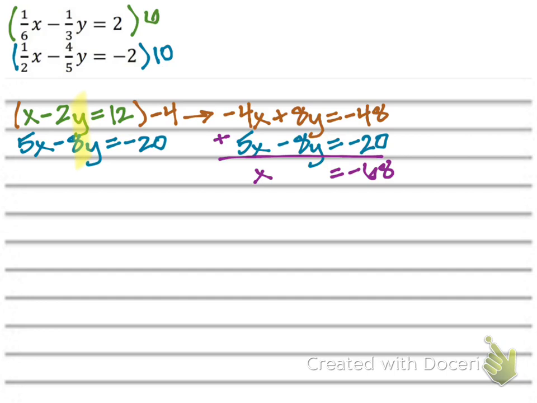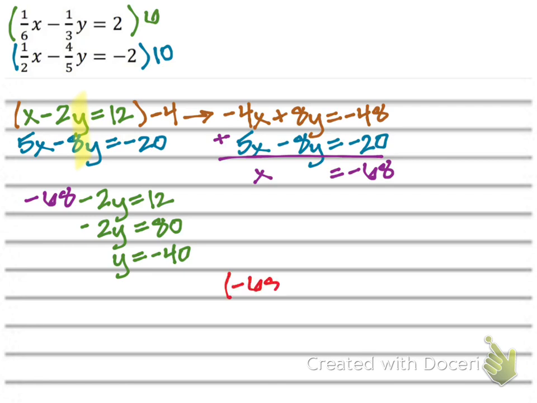So I'm going to have -68 minus 2y is 12. So I would add 68 to both sides, right? And so I'm going to have -2y is a positive 80. And dividing by -2, y is -40. So my answer is the ordered pair, -68, -40.